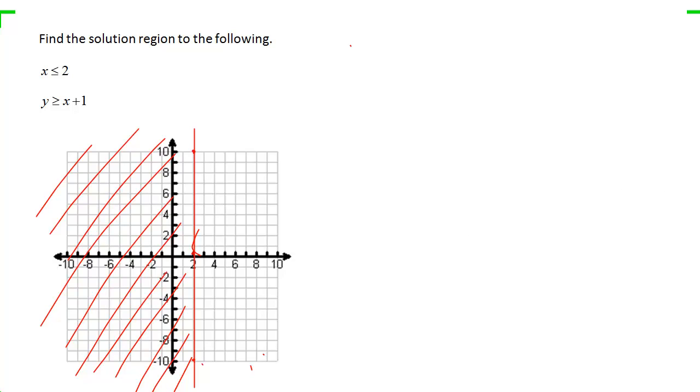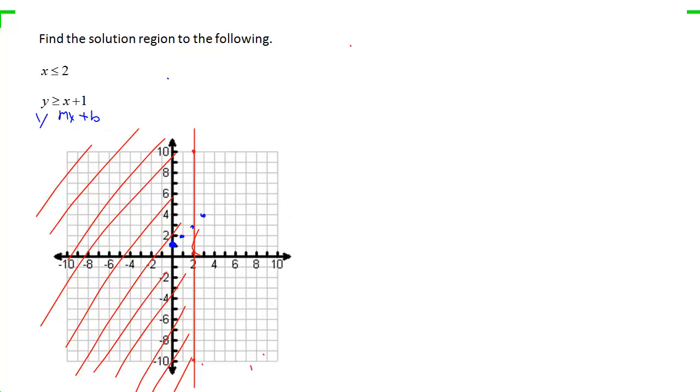And then I graph the second one. Y is greater than x plus 1. Here's my y-intercept right here, plus 1. So I go to 1 on y. I plot my first coordinate. And this one has a slope of 1 because it's just x, so there's a 1 in front of there, 1x, which tells me I move up 1 over 1, up 1 over 1, up 1 over 1.